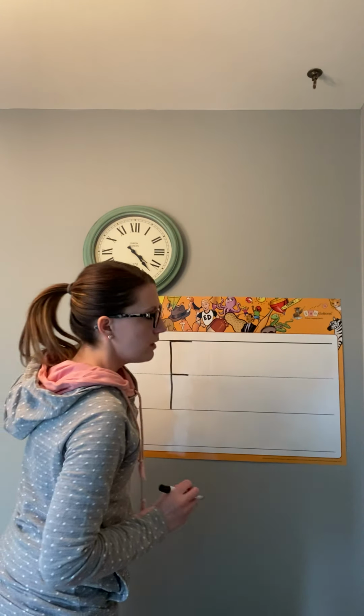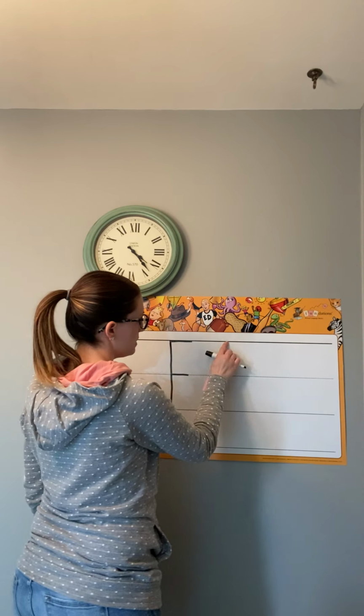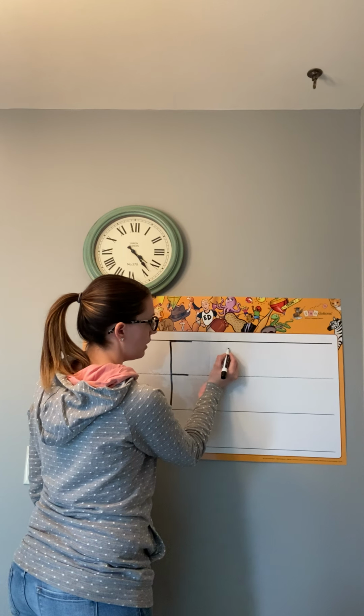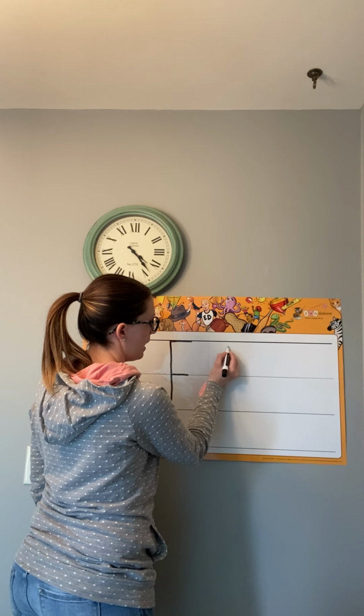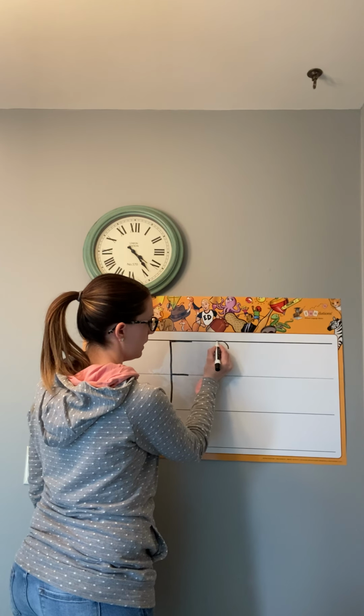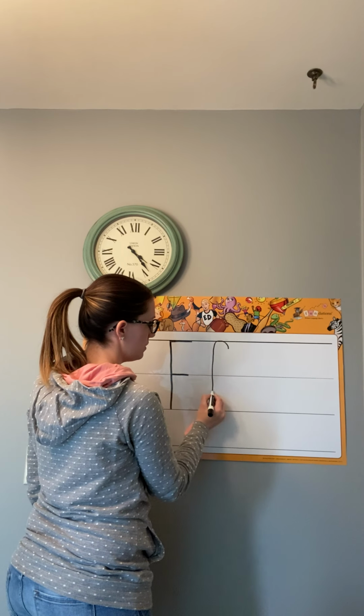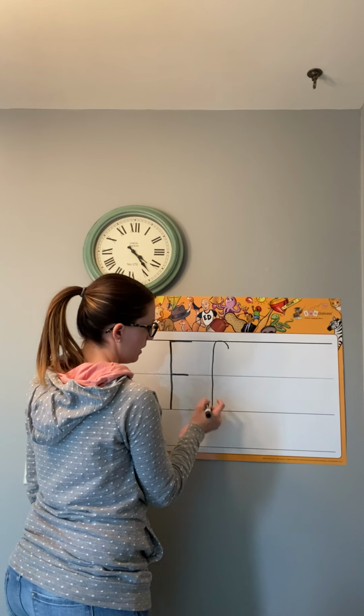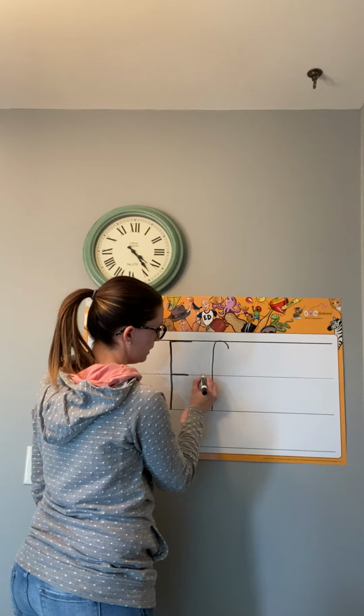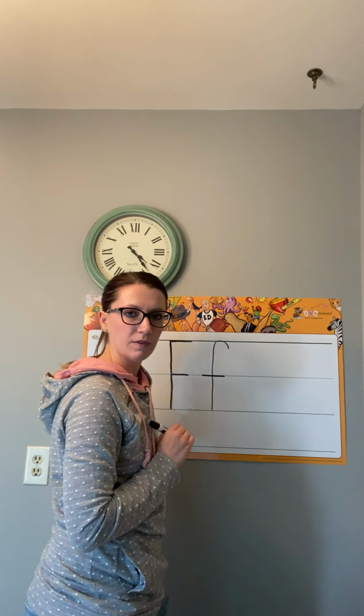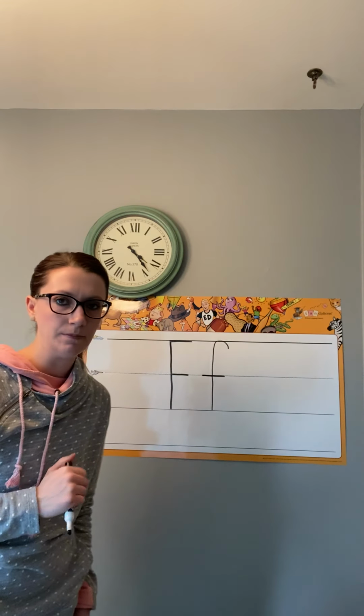Okay. The lowercase f is a tall letter like the lowercase b and the lowercase t, except it's going to start a little bit below the skyline and will go up to the skyline before going down to the grass line. So if this is my plane line, I'm going to start just a little bit below. I'm going to fly up to the skyline, down to the grass line, and then I'm going to take my pencil, go to the plane line, and cross on the plane line, kind of like the lowercase t.